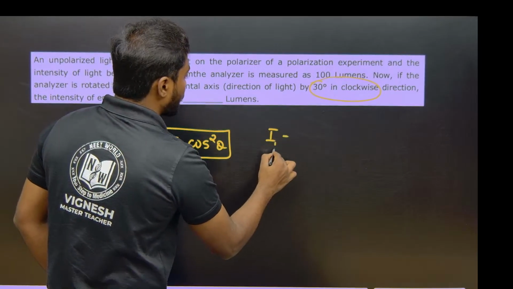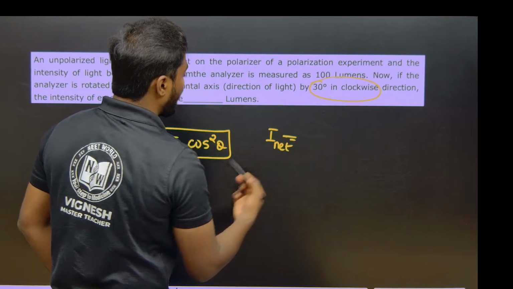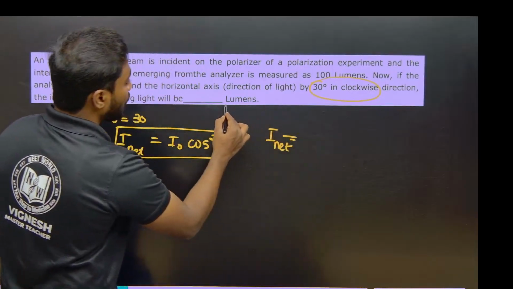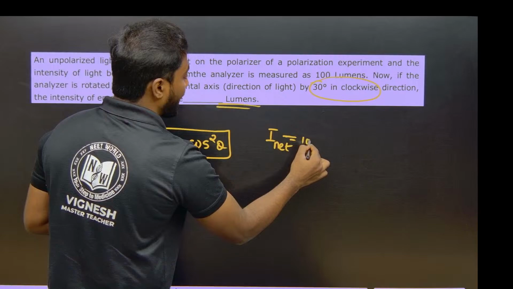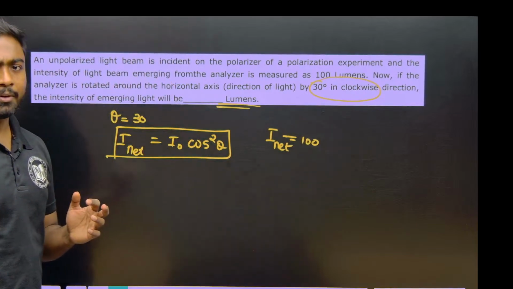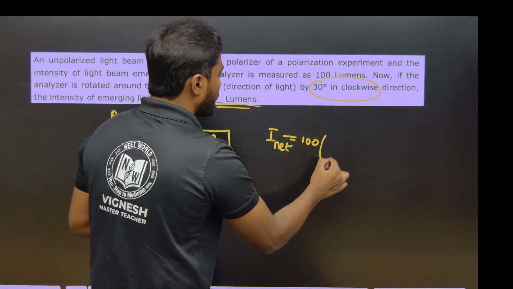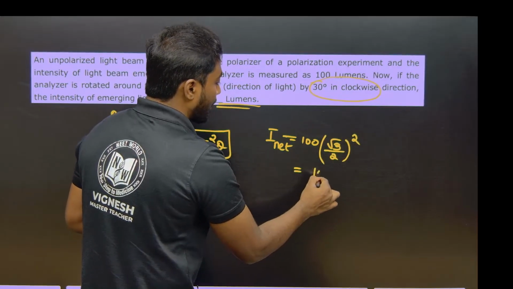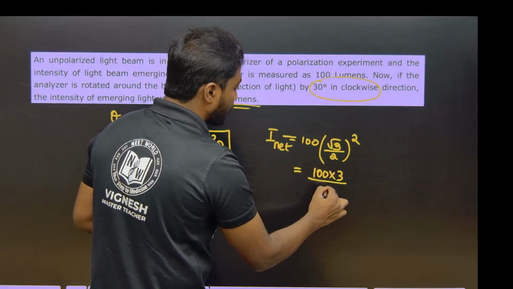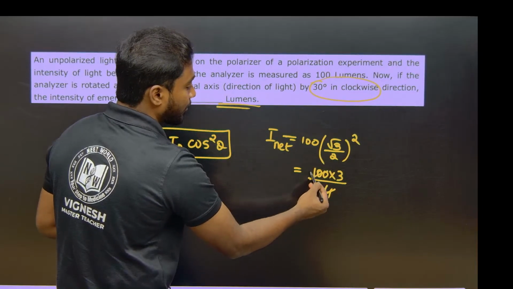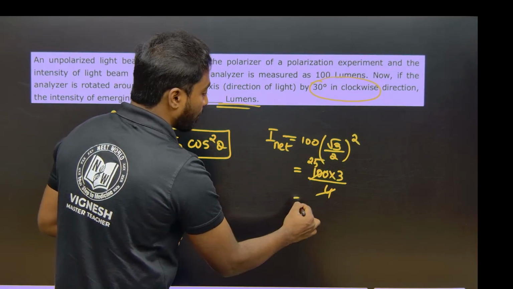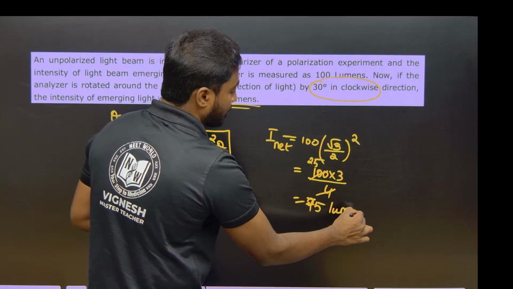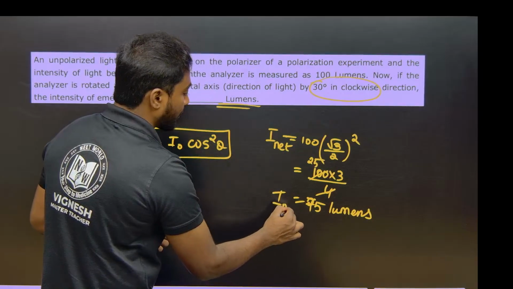I naught is 100, everything in lumens only, so I'll keep 100 as it is. Cos 30 is root 3 by 2, so cos square theta is root 3 by 2 the whole square. So I get 100 into 3 by 4, which is 75 lumens. So this is my I net.